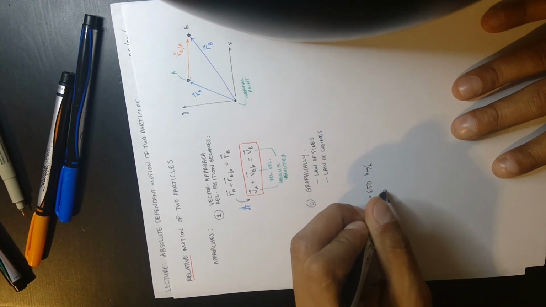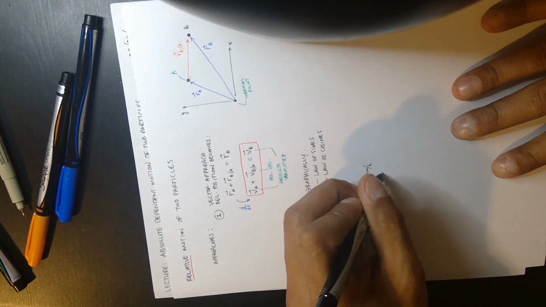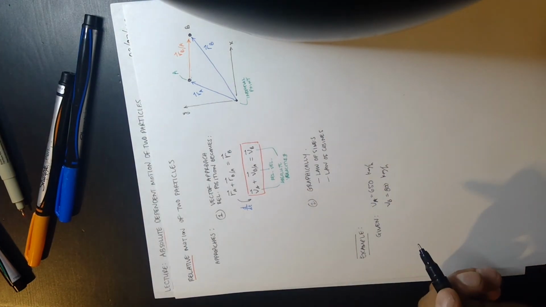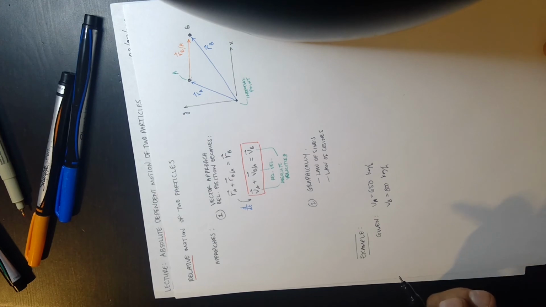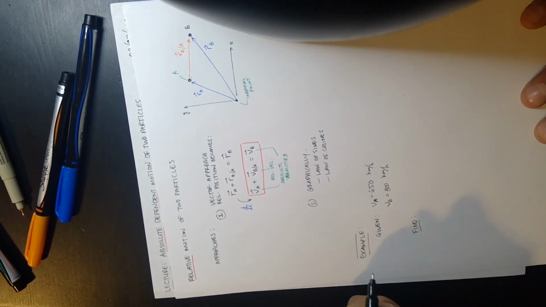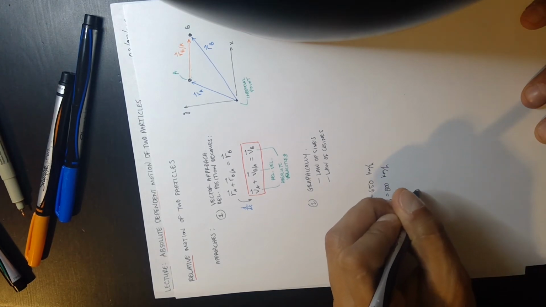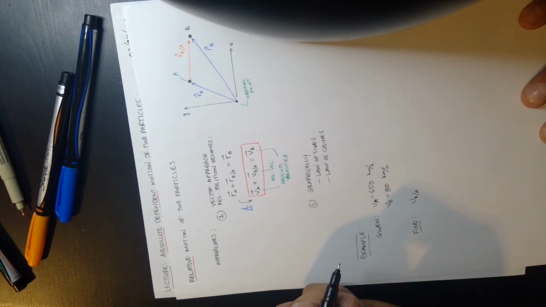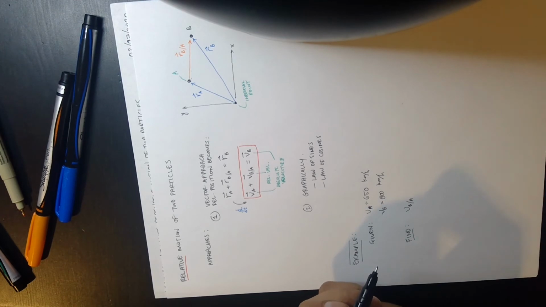The velocity of plane B is 800 kilometers per hour. We're observing this to be a relative motion problem, and we're asked to find the velocity of plane B with respect to plane A. And notice we have an inertial reference point in the figure that we can identify.